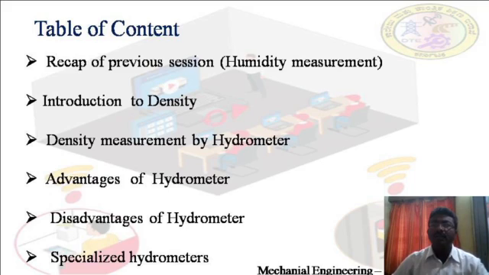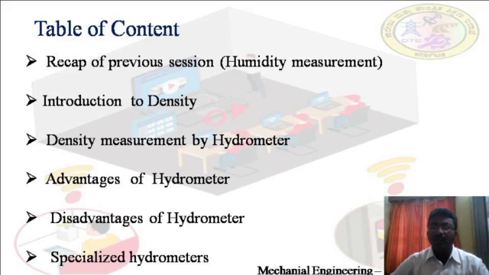For measuring the relative density of the required liquid, the hydrometer is gently placed in the liquid in an open vessel until the hydrometer floats freely.